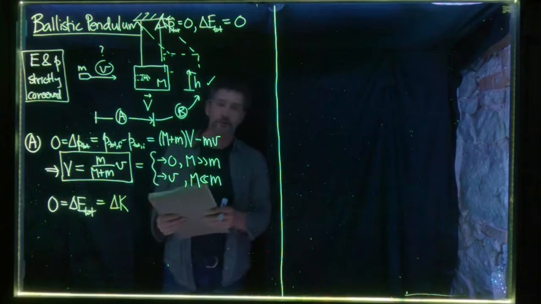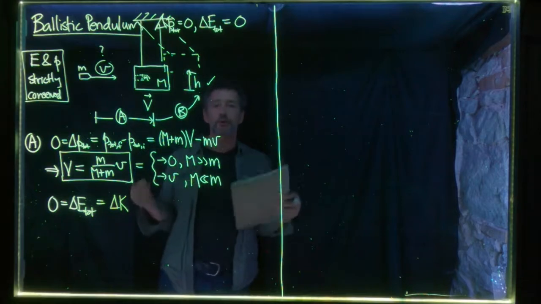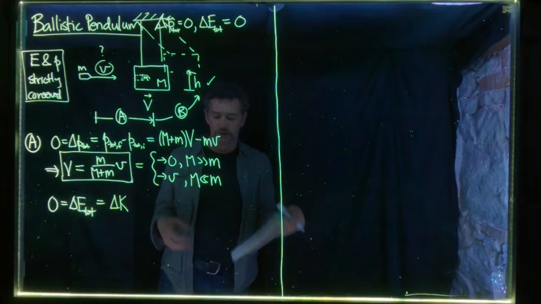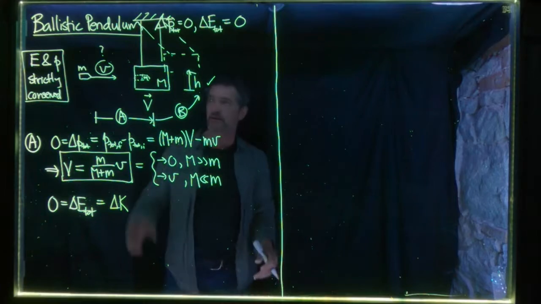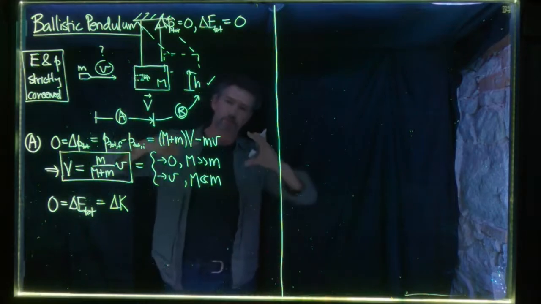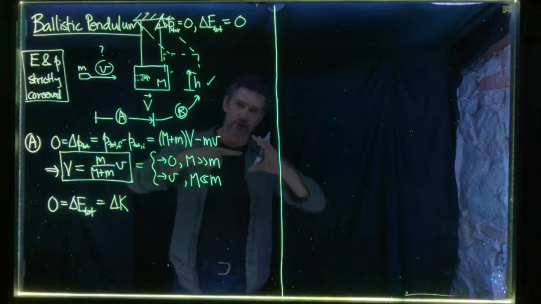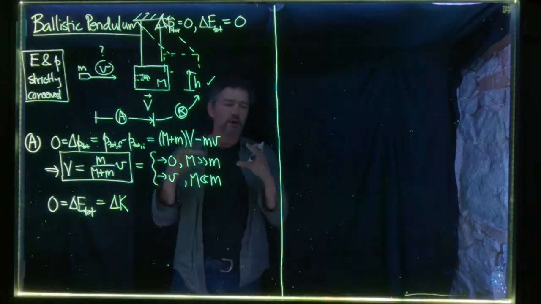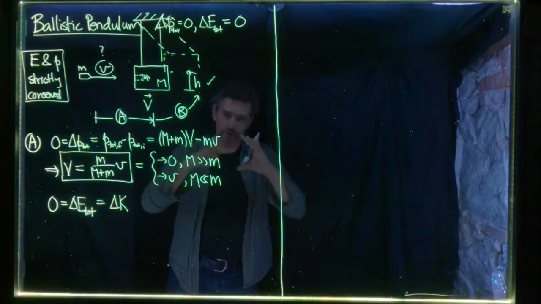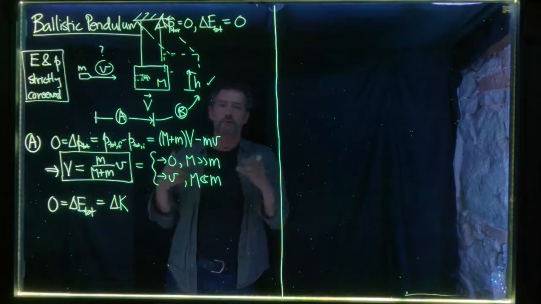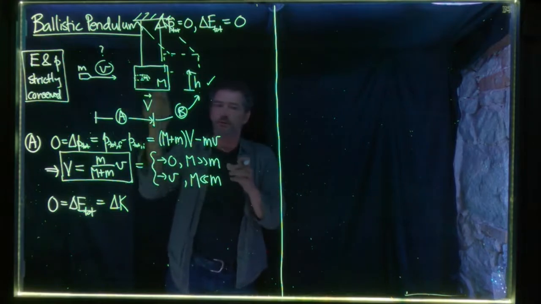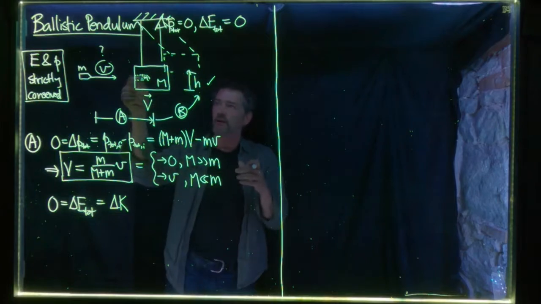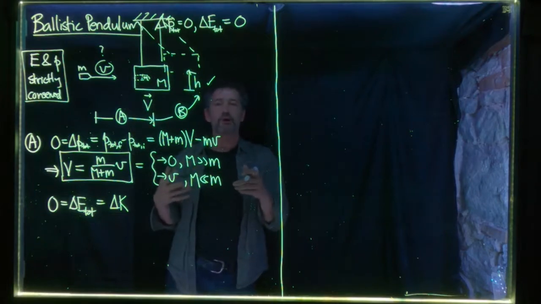But there's also going to be other forms of energy, most notably thermal energy. You can think of this roughly as the bullet boring its way, pushing itself really hard into that block of wood. You can think of it as very strong friction forces acting. And so friction, as the bullet moves through there, a very strong friction force acting over that displacement, transfers a lot of energy into thermal energy.